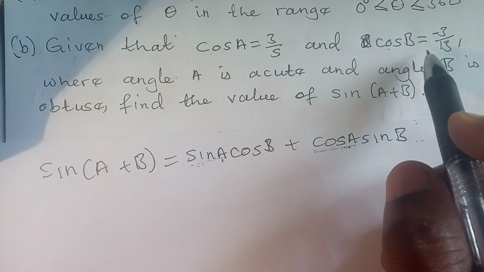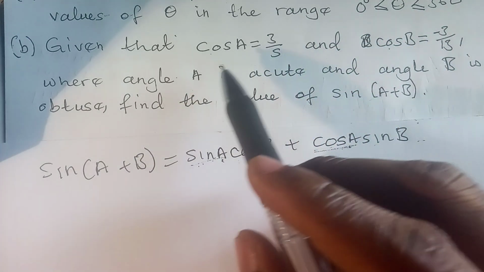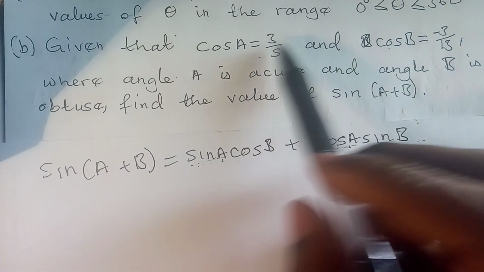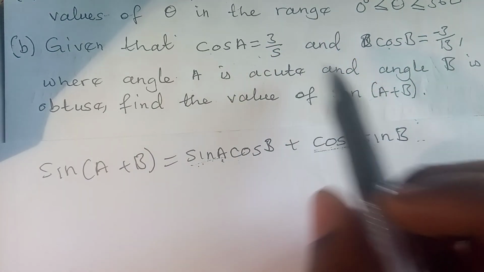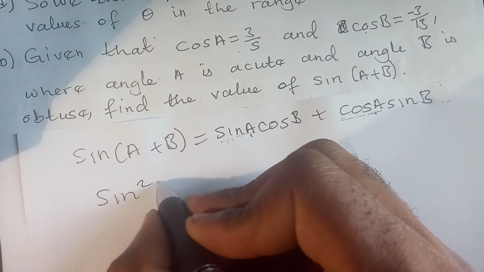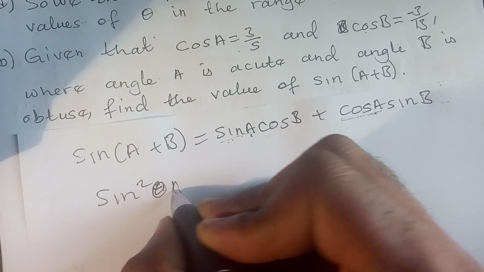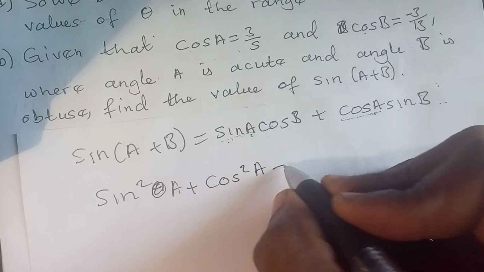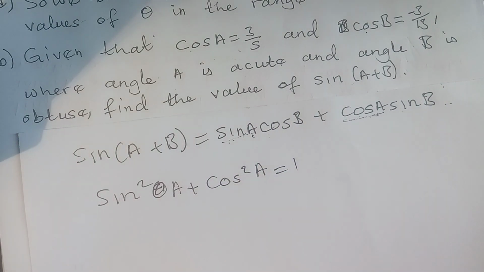So I think the easiest way to find the corresponding sine ratios for A and B is to use the identity sin squared A plus cos squared A is equal to 1.